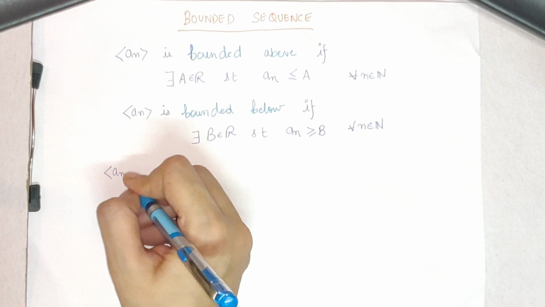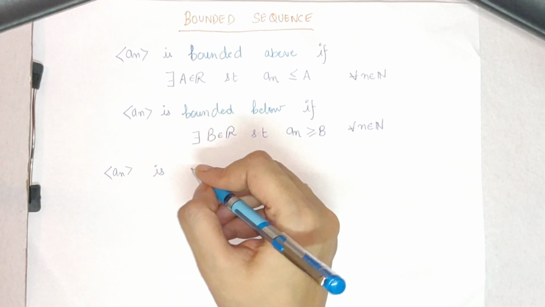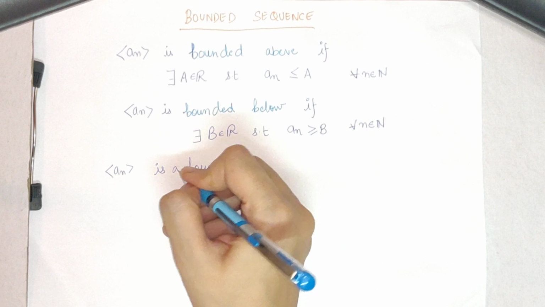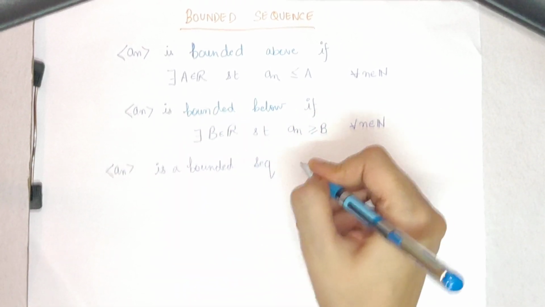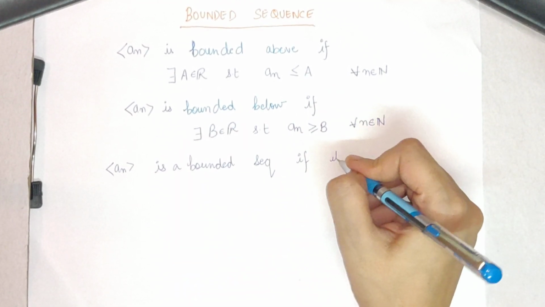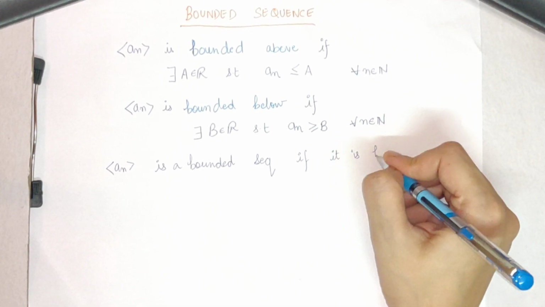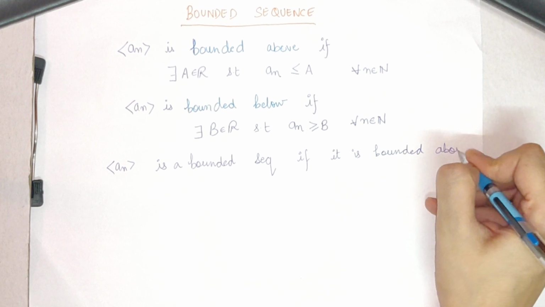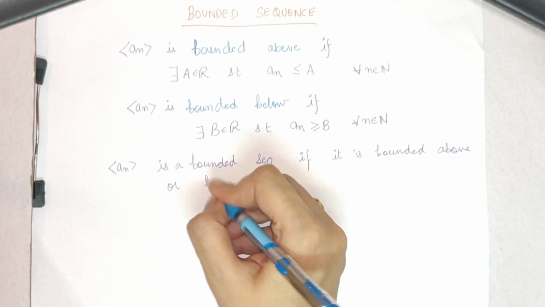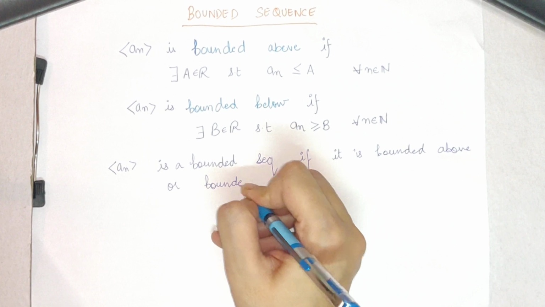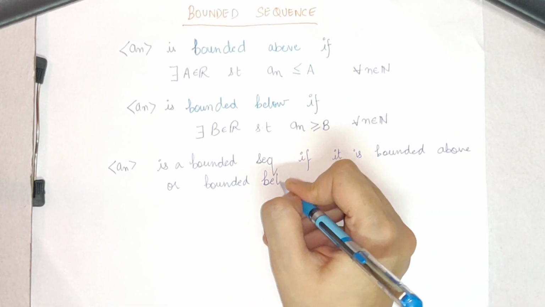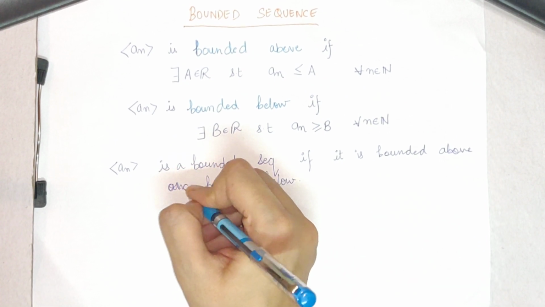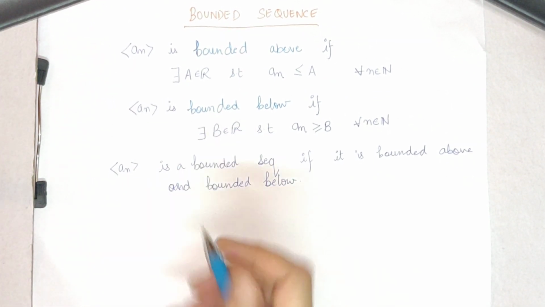Now a sequence a_n is a bounded sequence if it is bounded above and bounded below.